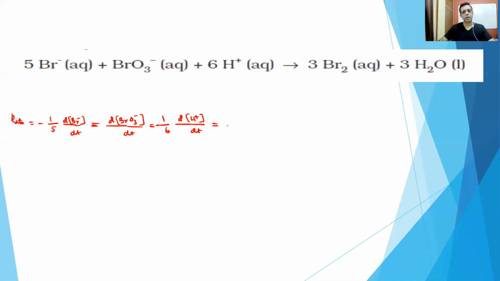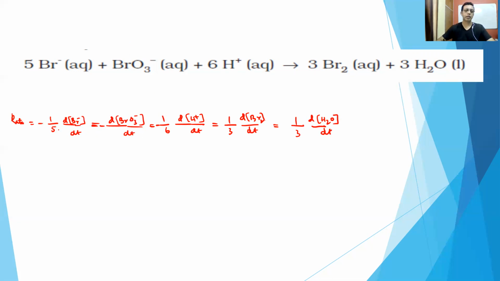So these are the reactants. In terms of products, it will be positive: 1/3 d of Br2 by dt will be equal to 1/3 d of concentration of H2O by dt.